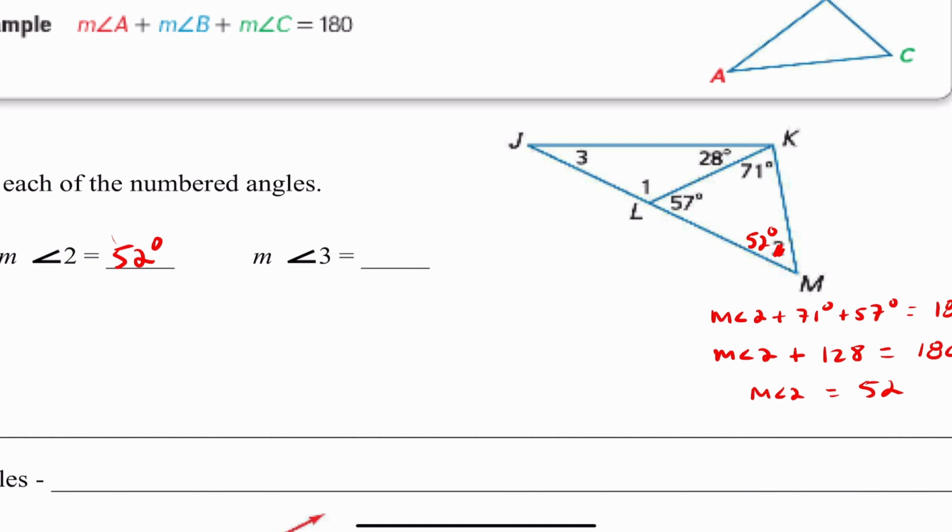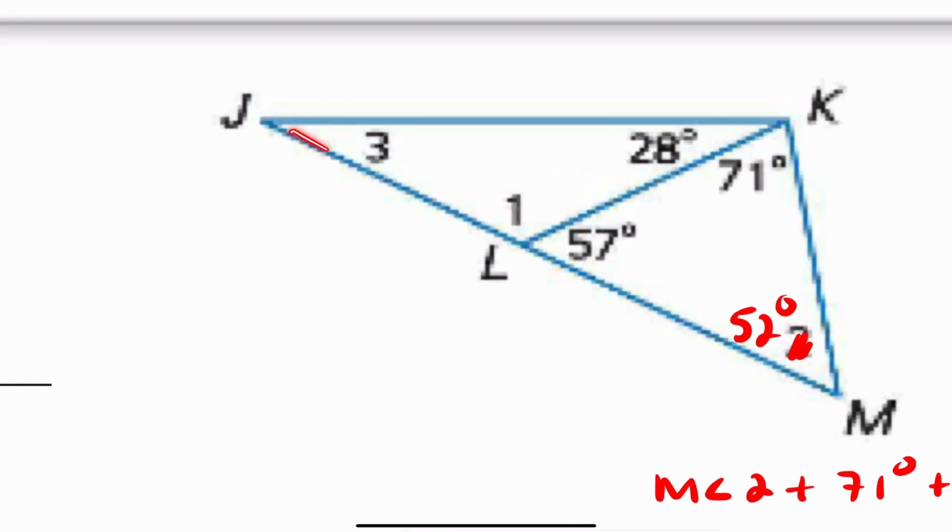Okay, so now I have to go ahead and figure out what angles 1 and 3 are, right? But the confusing thing here is that for this triangle, the only thing that'll be helpful is this 28 degrees.